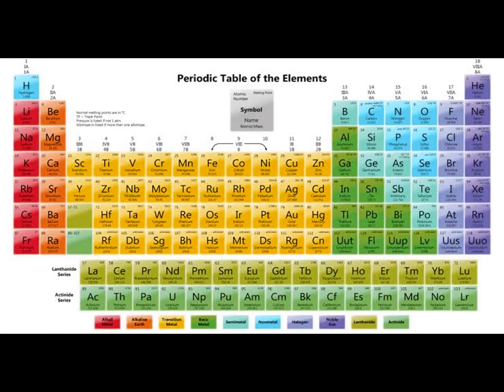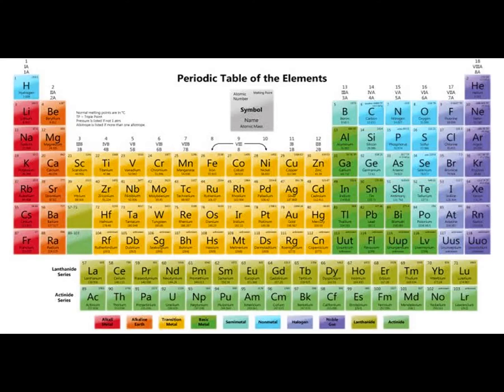The modern periodic table is arranged according to the atomic numbers. So the first one is hydrogen, and it has atomic number 1. It is written at the top left position, you can see over here. So H is the first element of this periodic table.